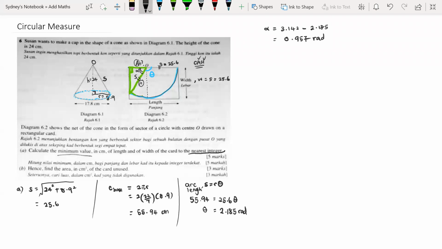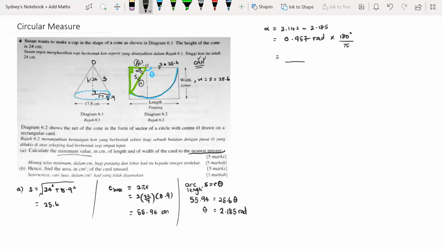Okay, so we have to change this into degrees. Otherwise, use your calculator and set the angle mode to radian. So we do not need to change the 0.957. If you want to change to degrees, you just need to take 0.957 times 180 degrees over the pi value.